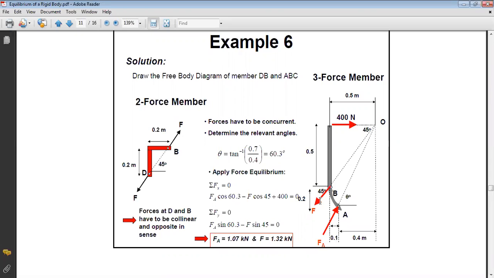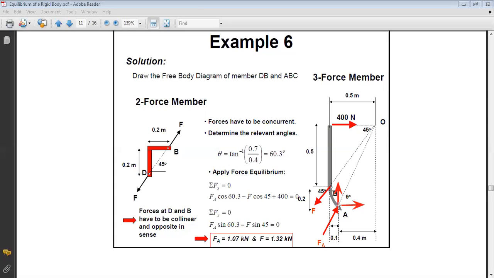In addition, I have the reaction at A. The reaction at A is divided into two components, AX and AY. So now if I do the analysis for ABC, I have three equations with three unknowns.